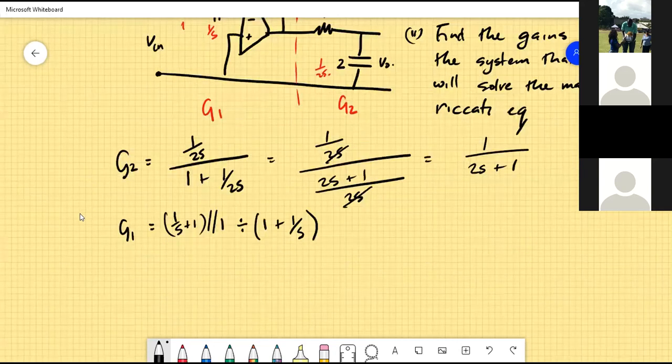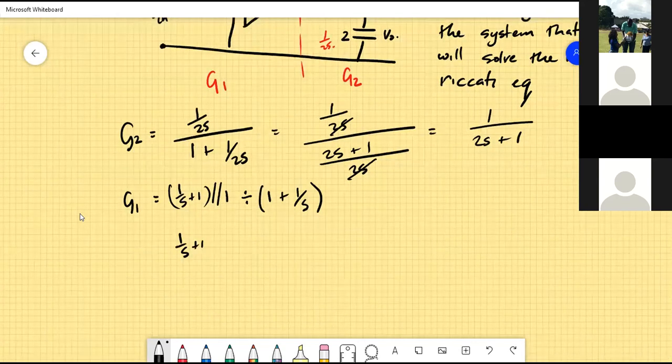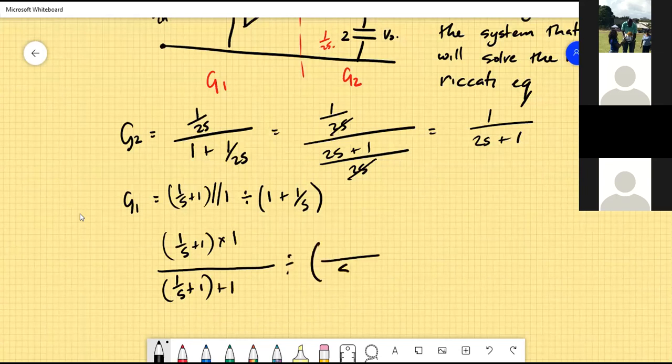So this is 1 over s times 1, product over sum, plus 1, divided by everything over the common denominator s plus 1 over s. We have to put the minus sign somewhere.